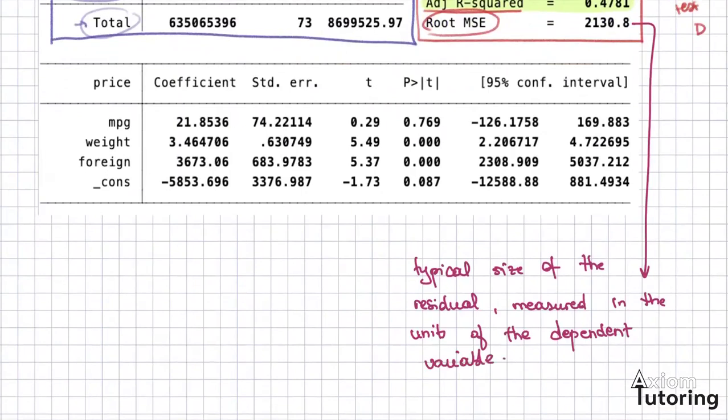Again, we'll unpack the root MSE properly later. So for now, think of it as a typical prediction error.